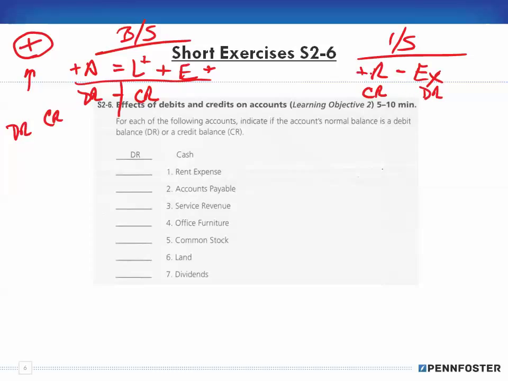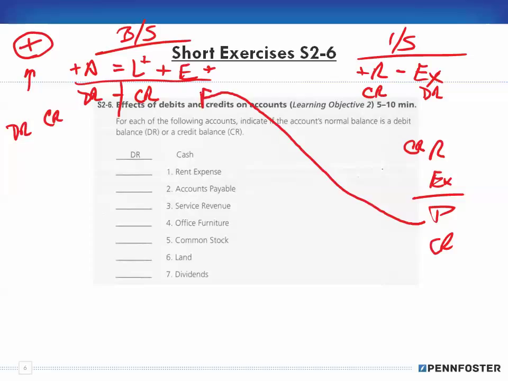Why? Because generally, you're not in business to take a loss. So more often than not, your revenues are going to be greater than your expenses, okay? So that means you're going to have a profit. That profit is a credit because your revenues are a credit, okay? Now, if you have that profit, that gets closed out to equity. Well, notice that the credit increases on the equity side.